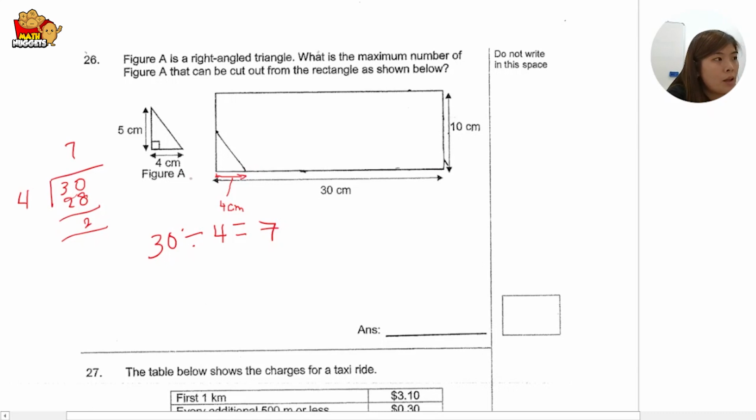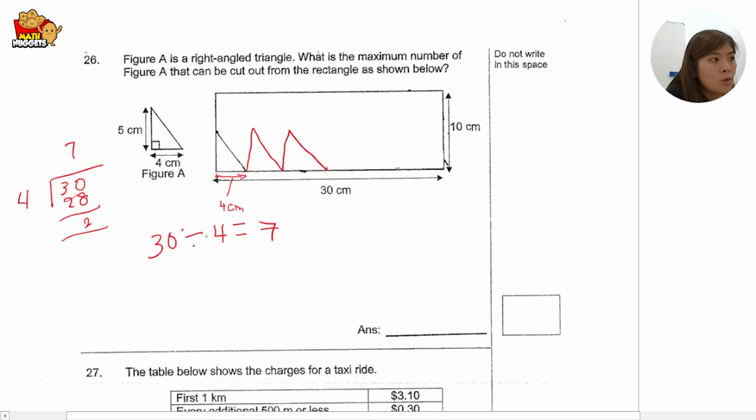So we have 7 of this triangle, but we still have the top and we still have this part.